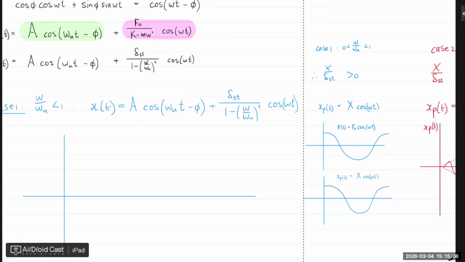So it's two functions combined. Now this part there, that is the one it will follow. So it follows a cos graph. But then this part here is also a cos graph. So within this graph, that dotted line, we have a cos graph that looks something like that.